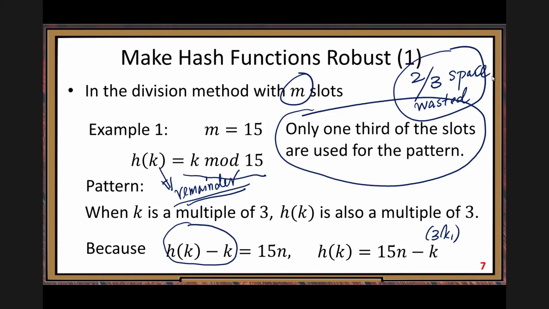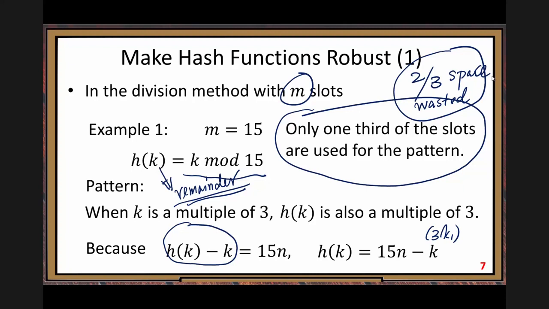Is it possible you can find such a special n that is not a multiple of any number? Is it possible? Among all the integers, are there some numbers that are not multiples of other numbers? How about prime numbers?